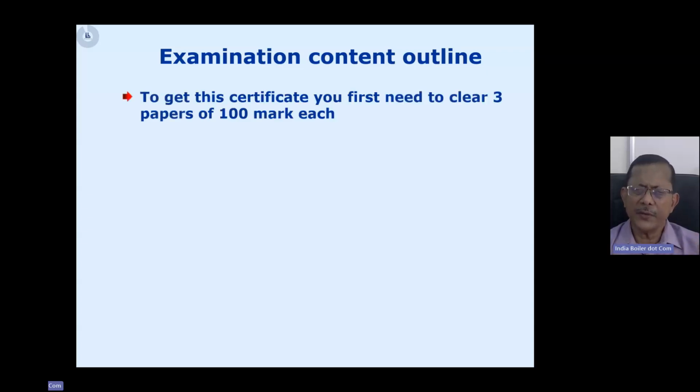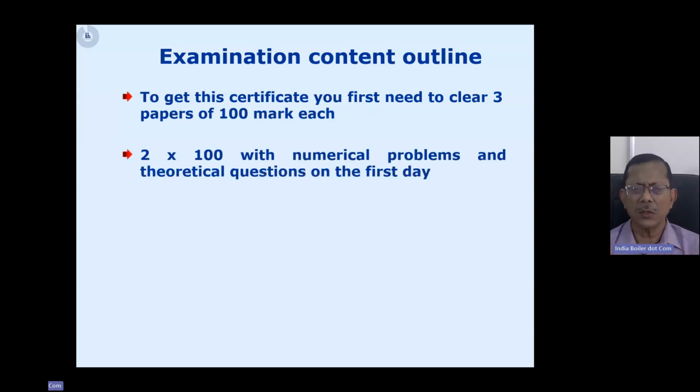Now, coming to the examination content outline. See, there are basically 3 written examinations that you have to first appear. Each of these examinations are normally 100 marks paper, right? And of these 3 papers, 2 of them consist of questions on various theoretical aspects of boiler, various theory questions, as well as various numerical problems, right?